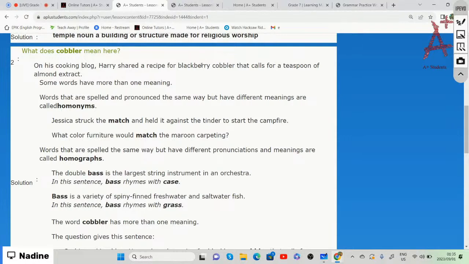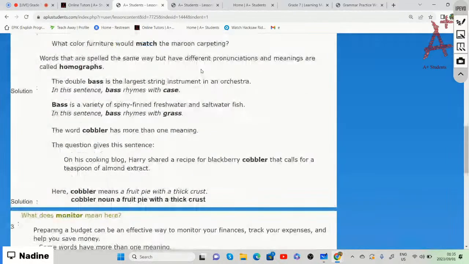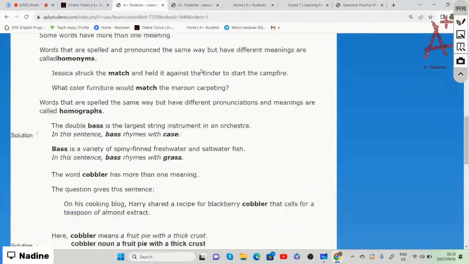We said here cobbler means fruit pie with a thick crust. So it's basically a fruit pie with a thick crust. A cobbler is a pie.